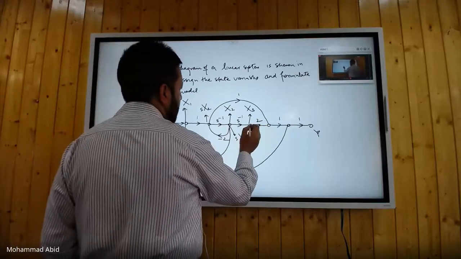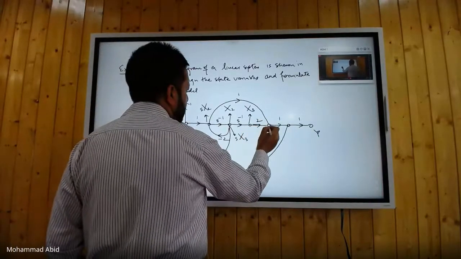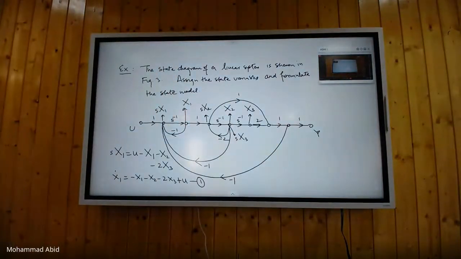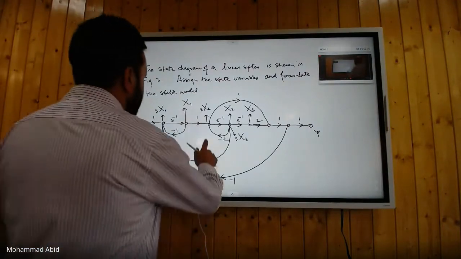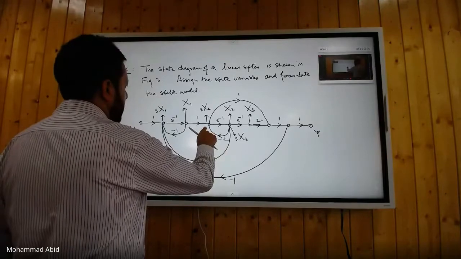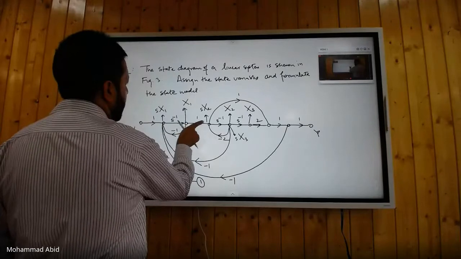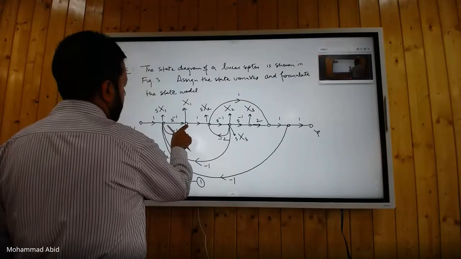So basically this signal is x3. One more signal is getting added here. And what is that signal actually? This is actually sx2. But this is also equal to the signal coming from here, x1. Isn't this also x1?